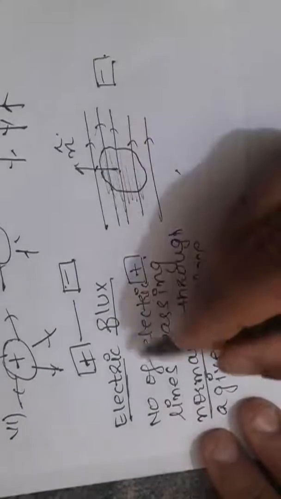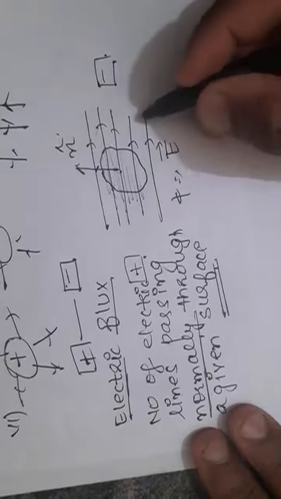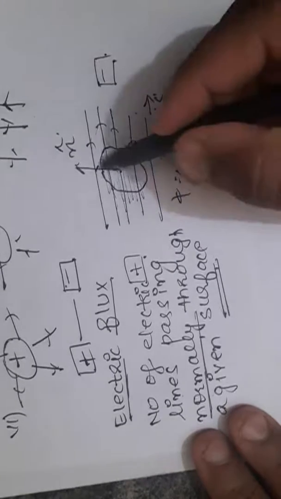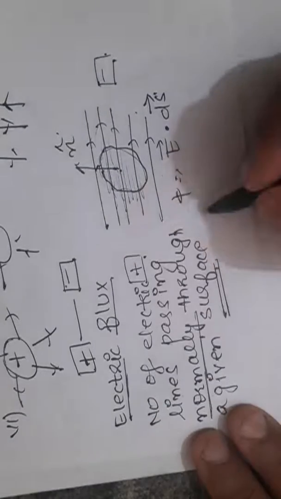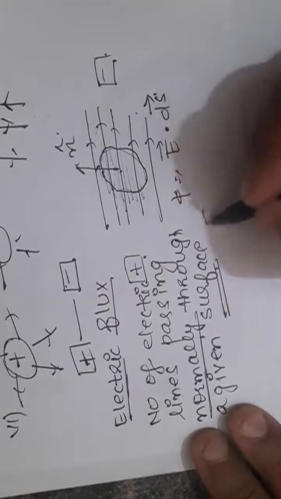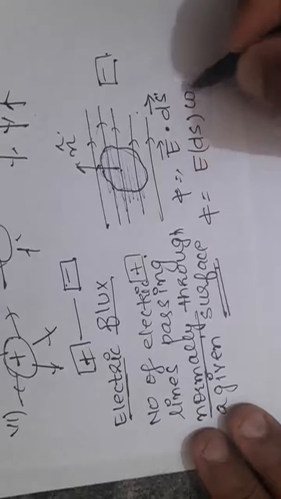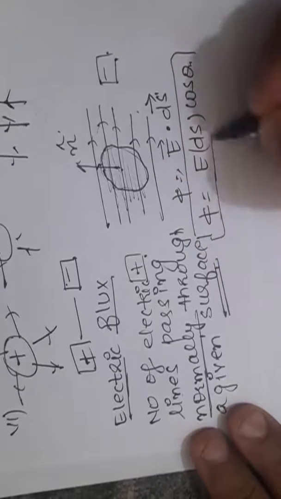That is called electric flux, and mathematically it is the dot product of the electric field and the area element of this surface. We can represent it by phi, where phi is equal to E ds cos theta. The question is, what is theta?